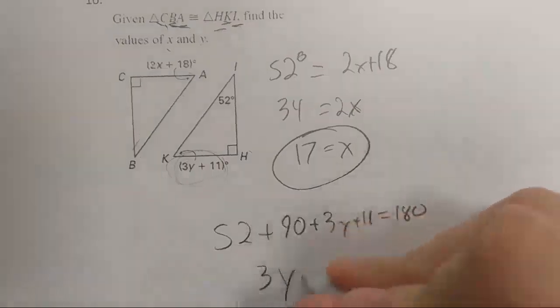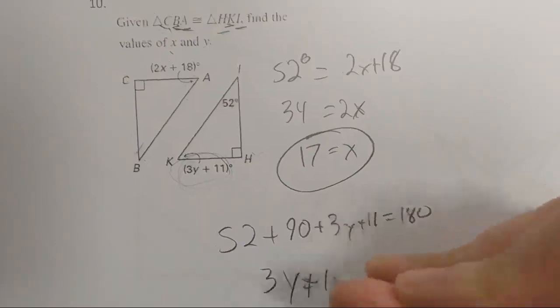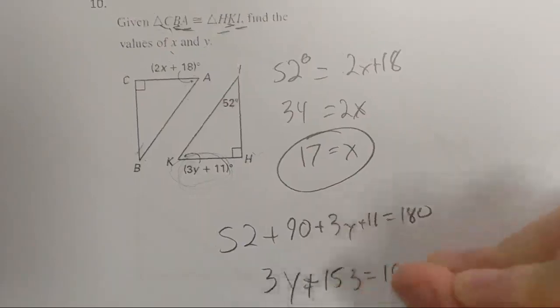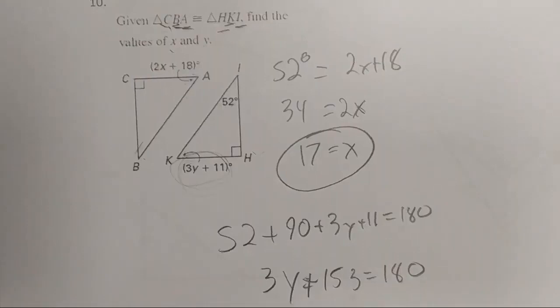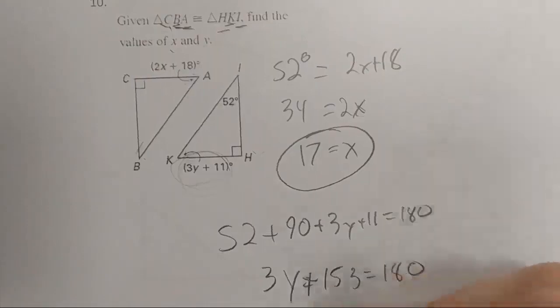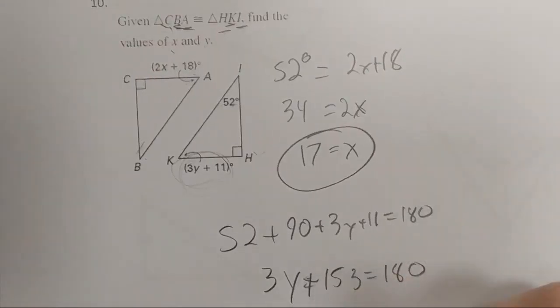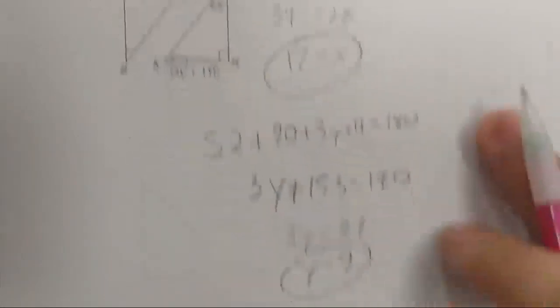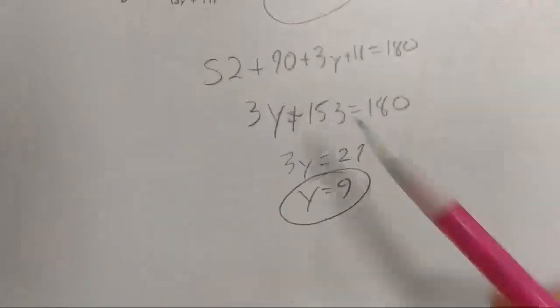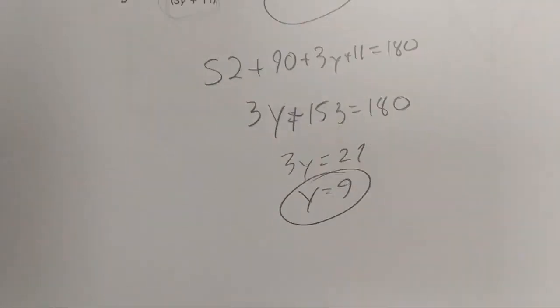So 3y equals 180 minus 153, so 3y equals 27. y equals 9. I realized I was off camera, so I'll give it a second to look at it. Again, you just set it up and add it up to 180. Please remember that all triangles add up to 180.